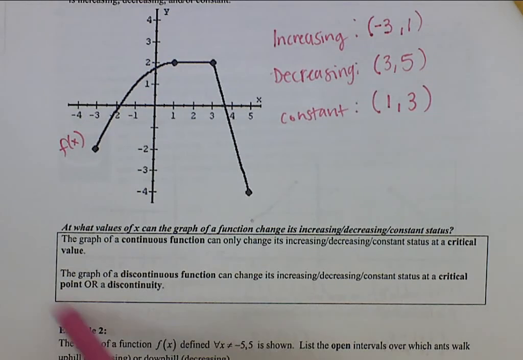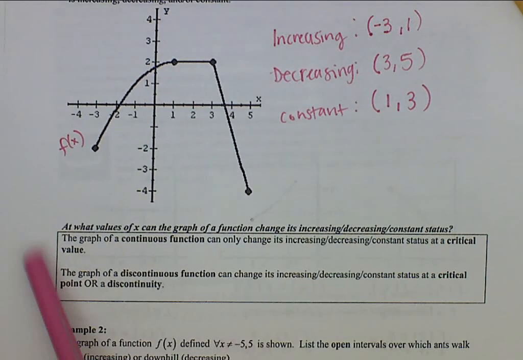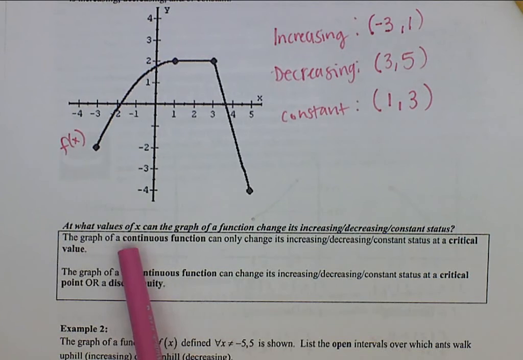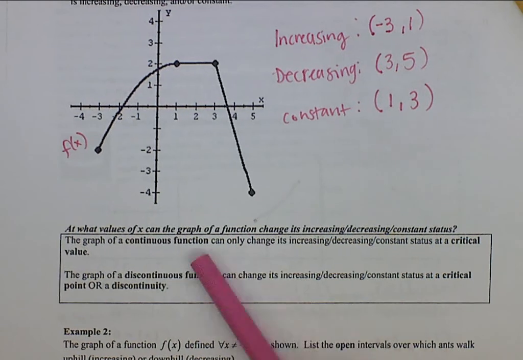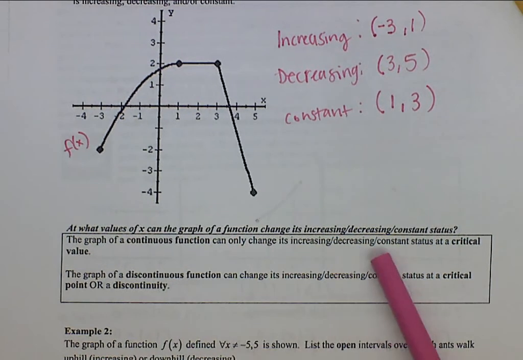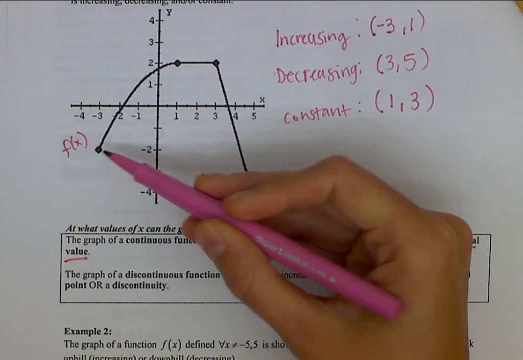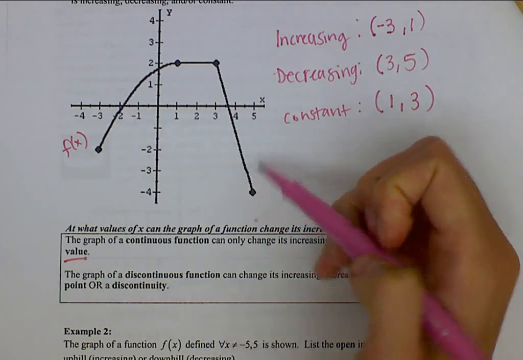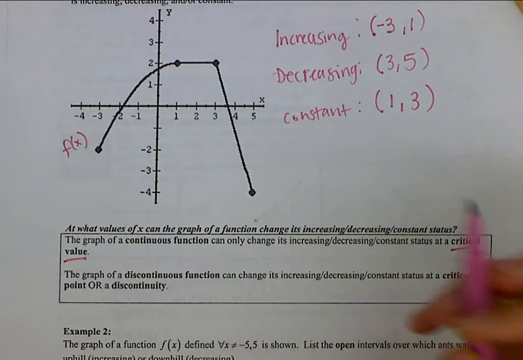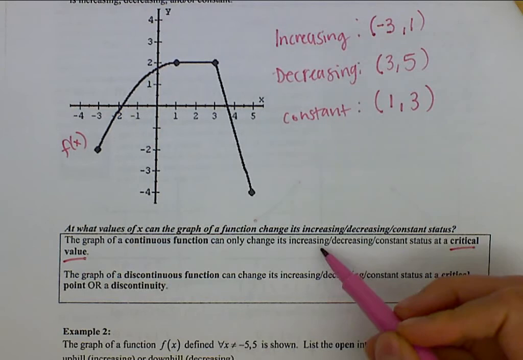So here we have this little box. At what values of x can the graph of a function change its increasing, decreasing, or constant status? The graph of a continuous function can only change its increasing, decreasing, or constant status at critical points. So if, like up here, we have a continuous function, it's only going to change from increasing to decreasing or increasing to constant or whatever.